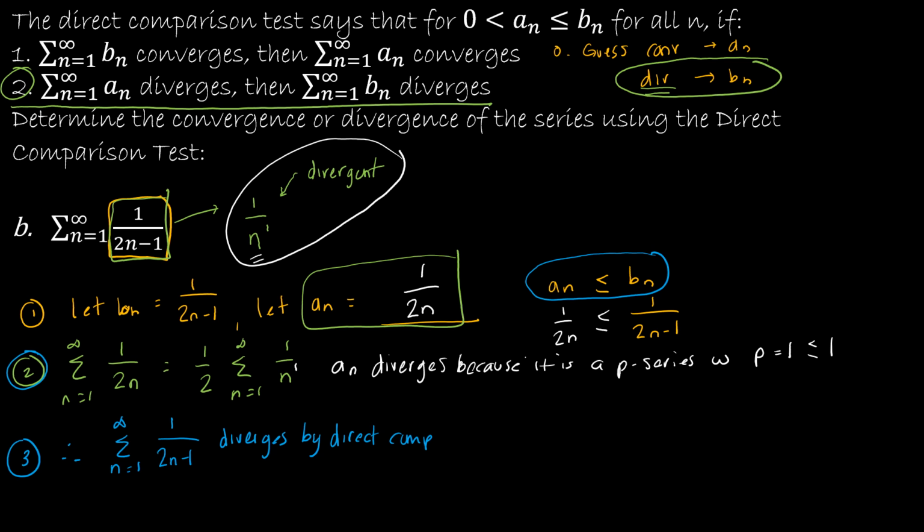Oops, try to spell comparison right. Direct comparison to my divergent p-series, which is the summation as n goes from 1 to infinity. I had the 1/2 out here and the 1 over n in here.